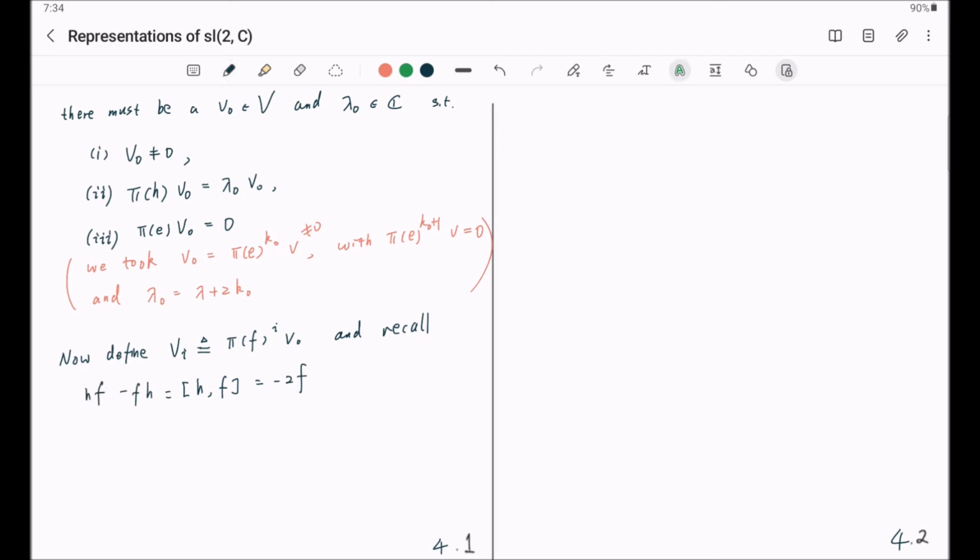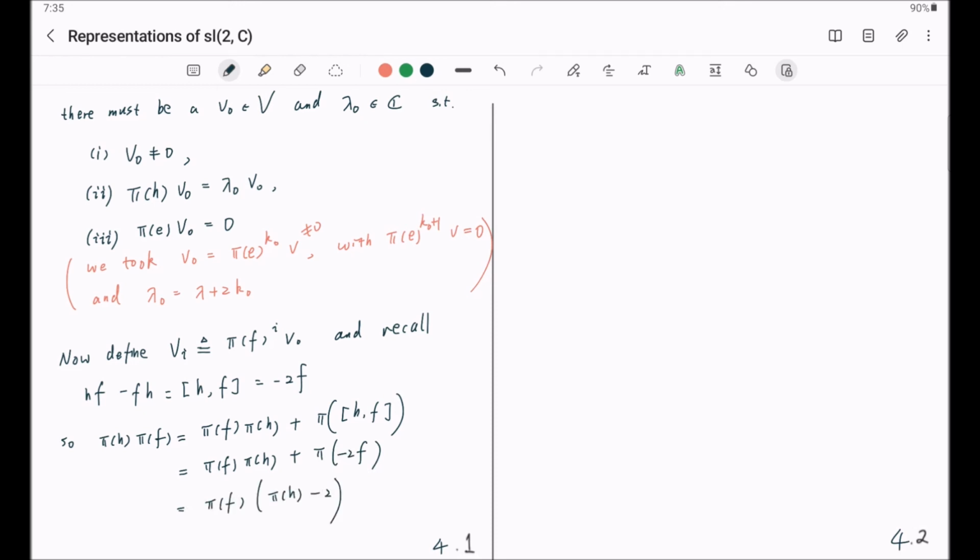Now we'll look at how pi of H interacts with pi of F. So pi of H composed with pi of F is this guy.